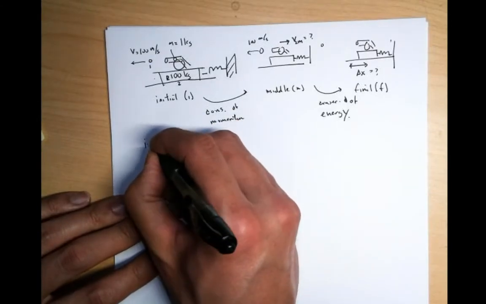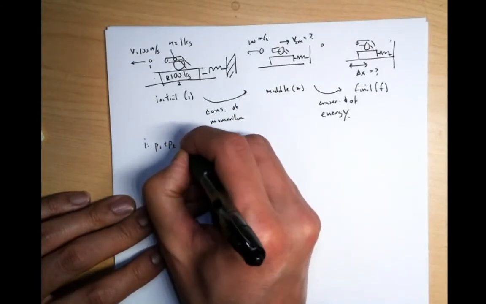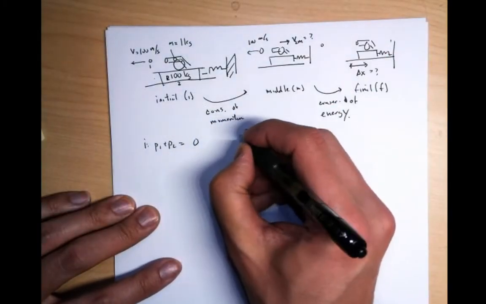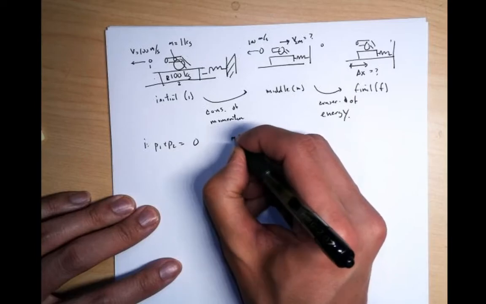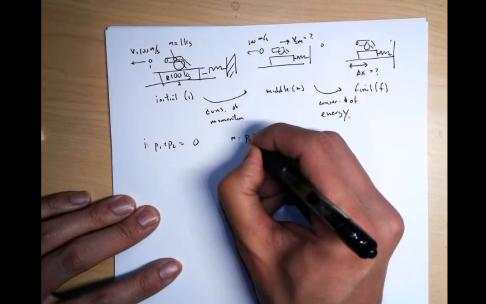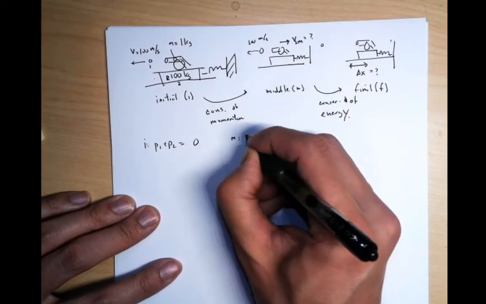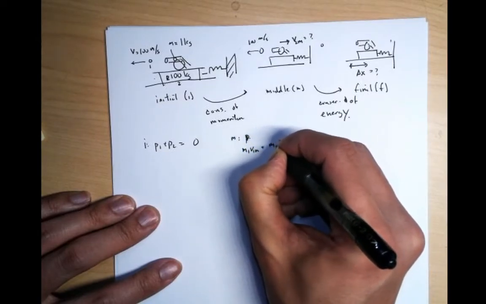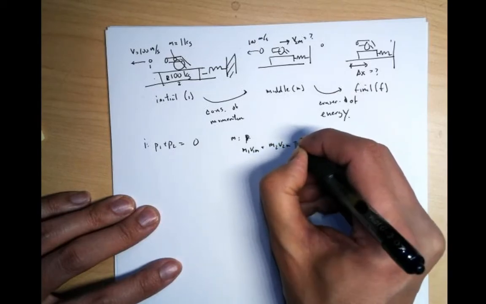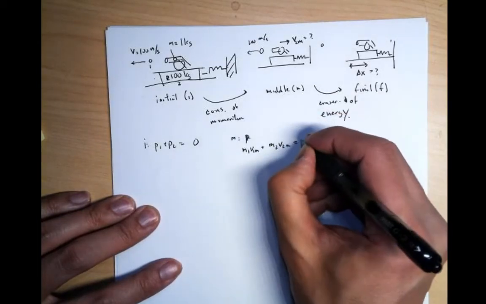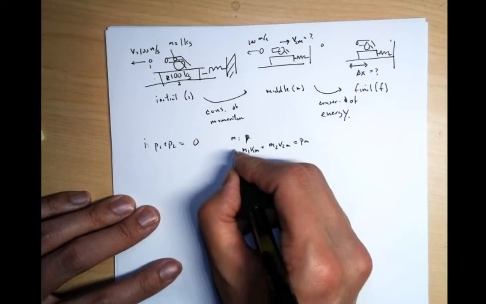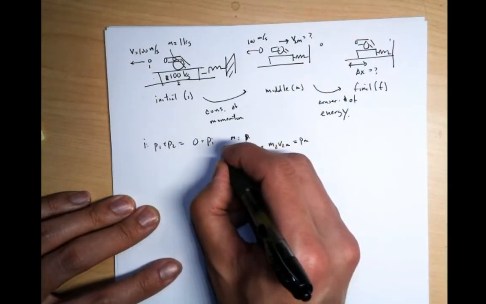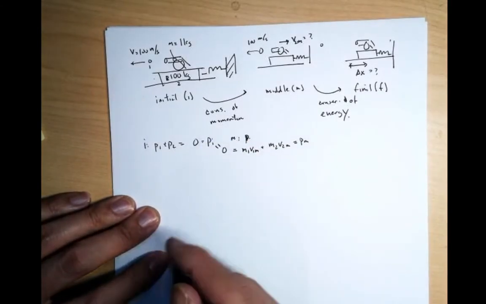That's going to be P1 plus P2, and that's all 0, since nothing's moving yet. The middle state is M1 V1 middle plus M2 V2 middle, which is equal to P middle, which is equal to the initial state Pi, which is equal to 0.